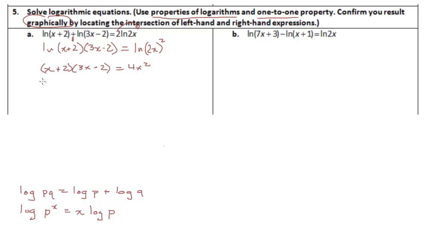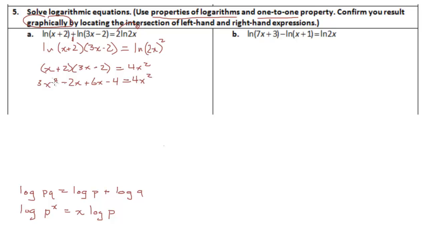Let's use the distributive property here. We have 3x squared, minus 2x, plus 6x, minus 4 equals 4x squared.